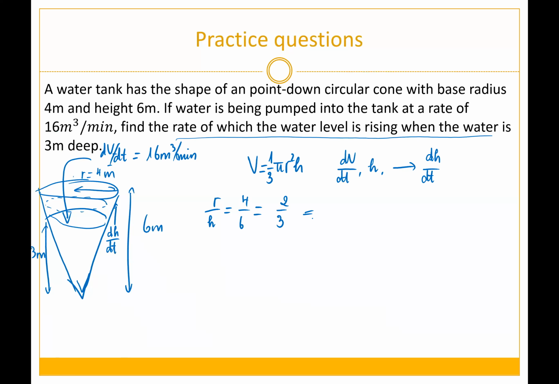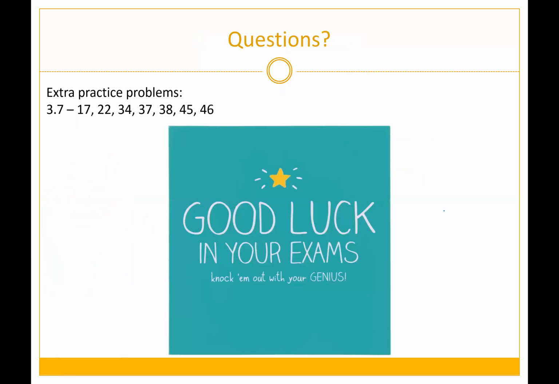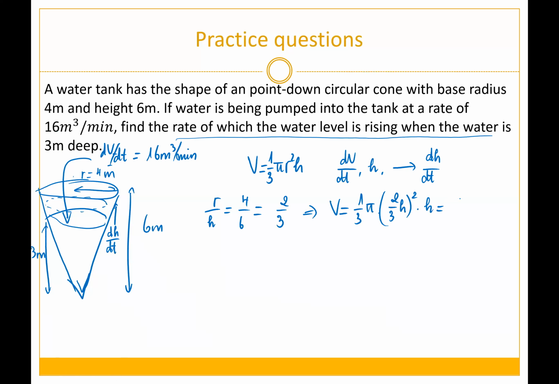Now we can put V into just one variable, which is pi/3 multiplied by 2/3 h squared multiplied by h, and it's going to give us 4/27 pi h cubed.